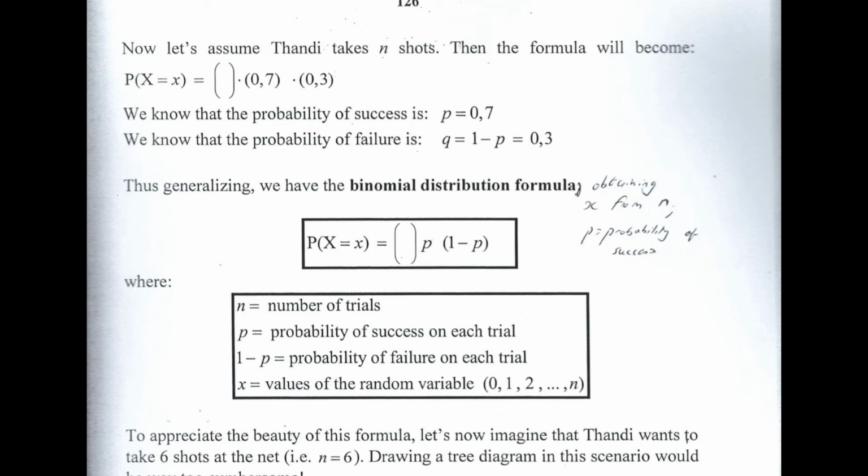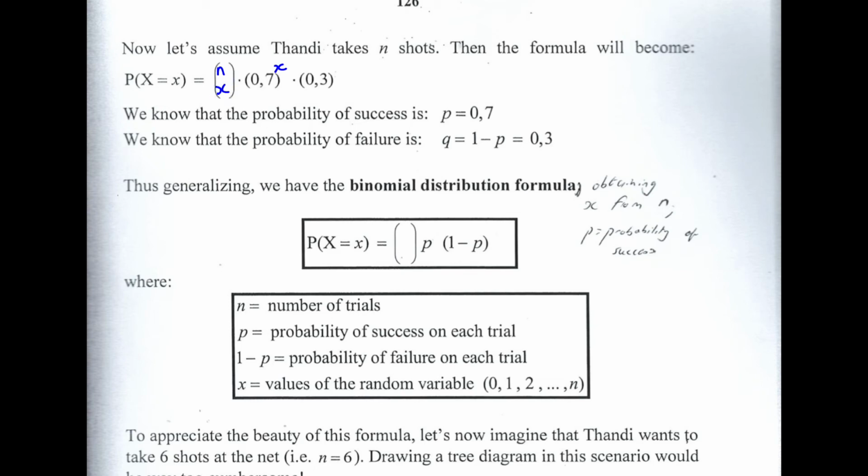So the formula will then become n over x, because she's scoring x times and she's taking n shots. The exponent for the 0,7 will still be x, because that must be the same as the bottom number over here.